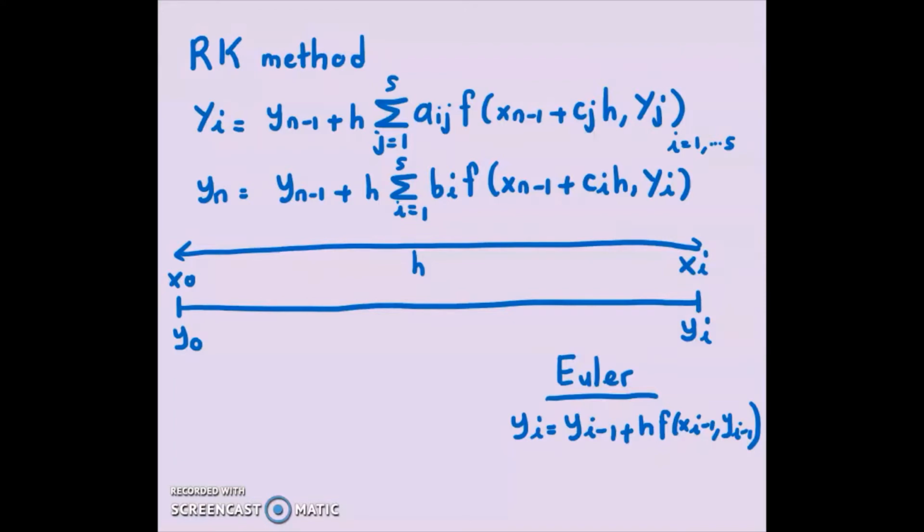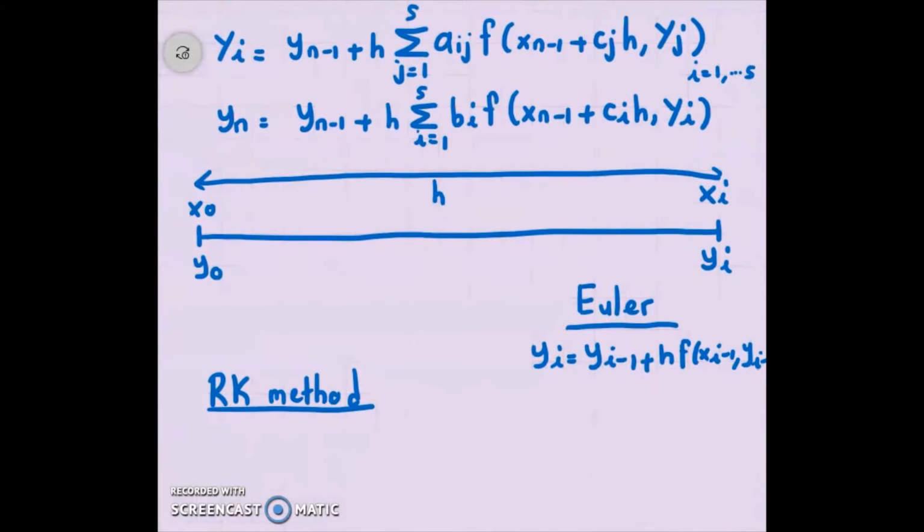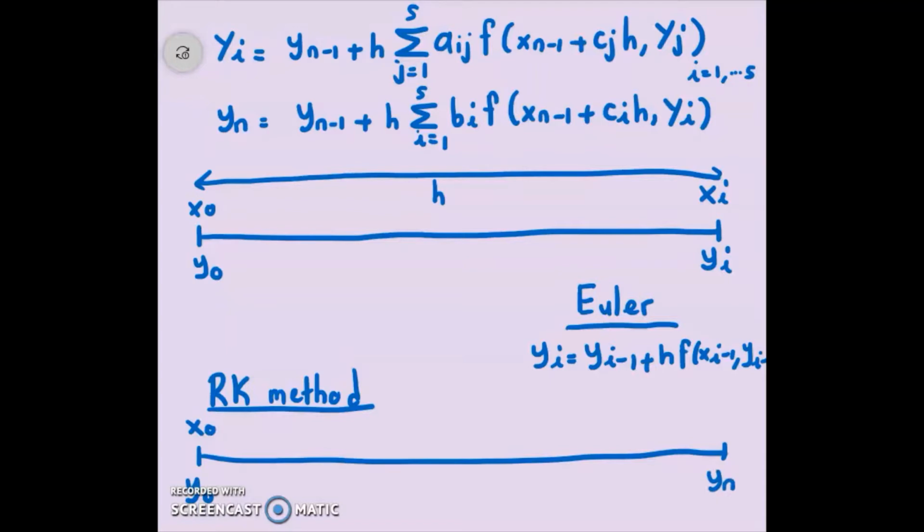But for the RK method, the concept is still the same. You have a starting value, similarly y naught and x naught. This is my y_n.